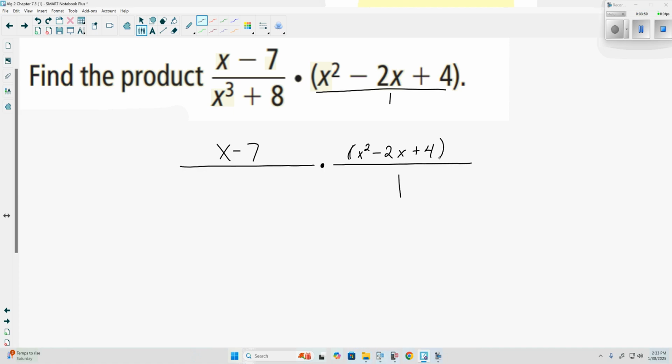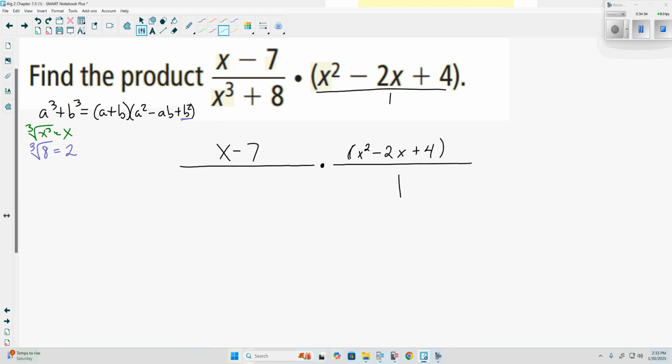That's a sum of two cubes. Our a term is going to be the cube root of x to the third, which is x. Our b term is the cube root of 8, which is 2.